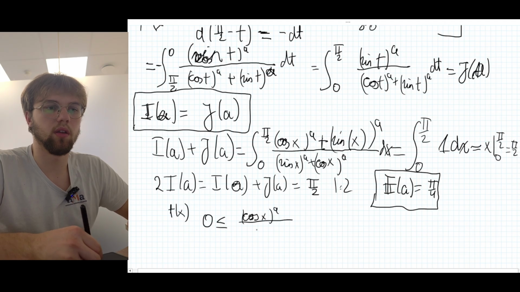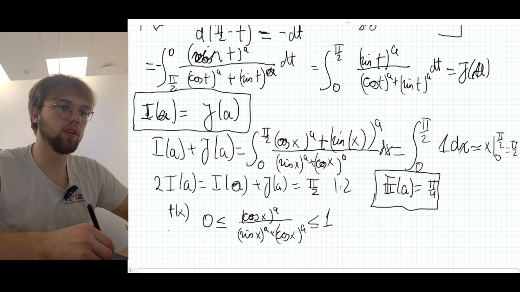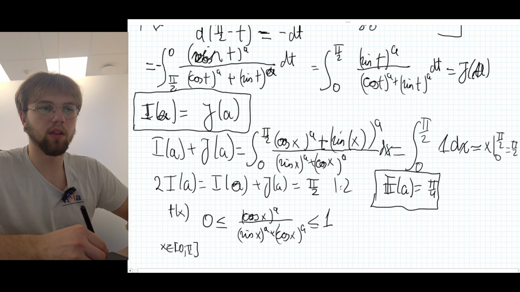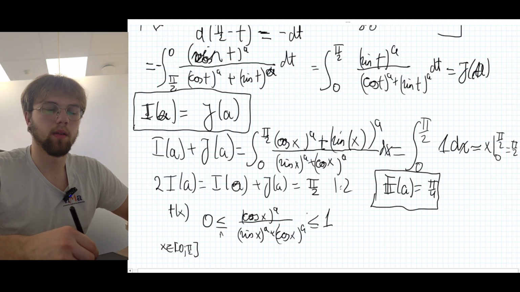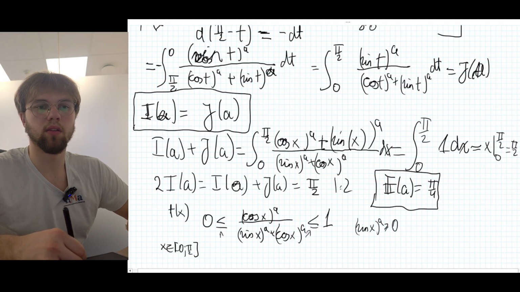Cosine of x to the a is between 0 and 1, right? Of course, in the interval when x belongs to 0 and pi over 2. So this inequality is true because all of these things are non-negative. And this inequality is true because sine of x to the a is non-negative.